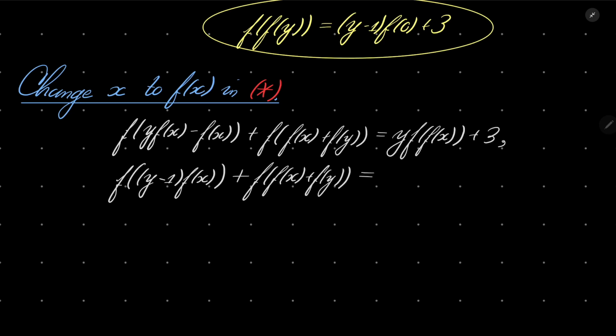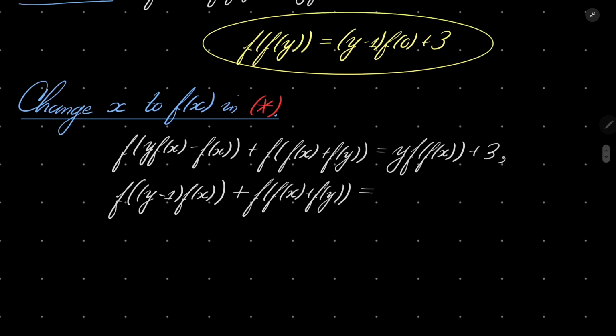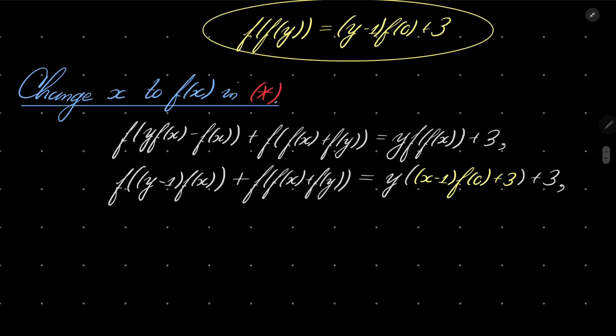But the third part, we have f of x. We can use the derived equation written in yellow. So it's y times (x minus 1) times f of 0 plus 3, plus 3. Okay.